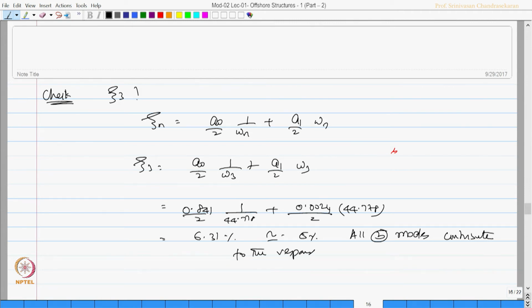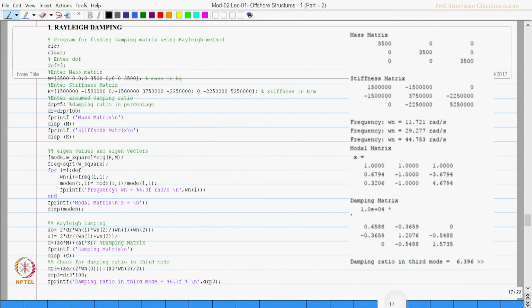So, Rayleigh damping is very easy to apply in a problem. We will take the numerical example of this through a computer code. The computer code now shows how the code is written for Rayleigh damping.